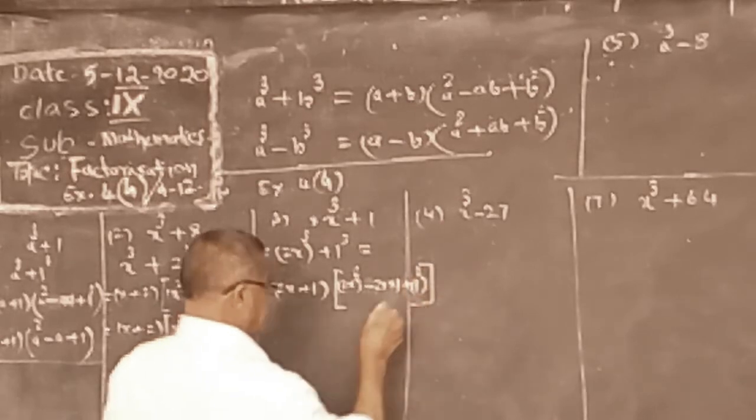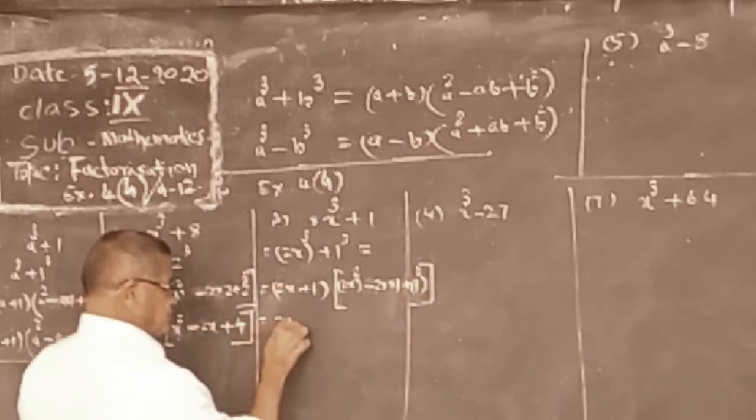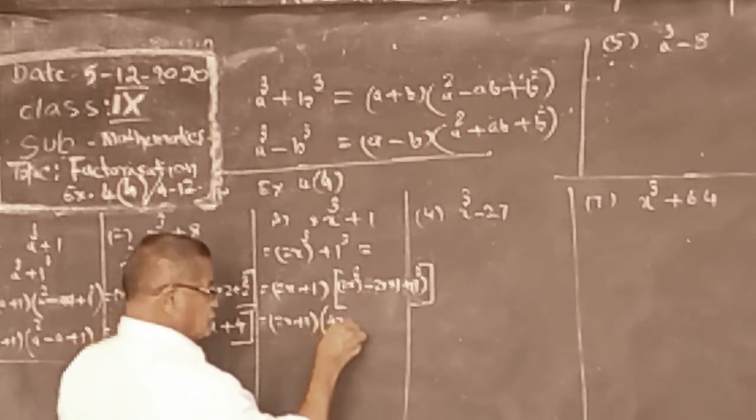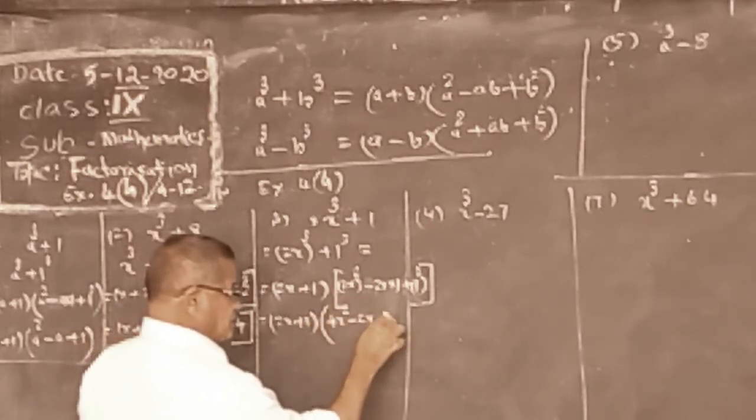Close the bracket. Now this is (2x plus 1) into (4x squared minus 2x plus 1).